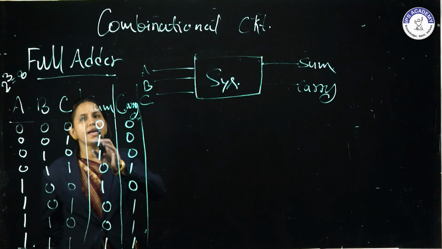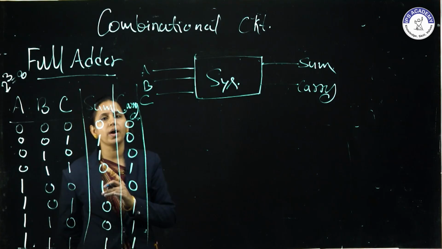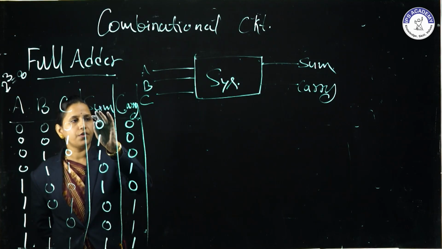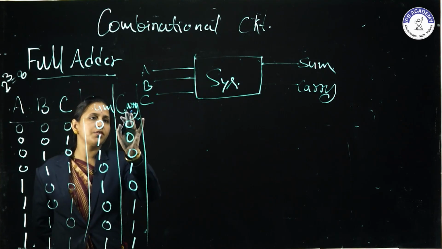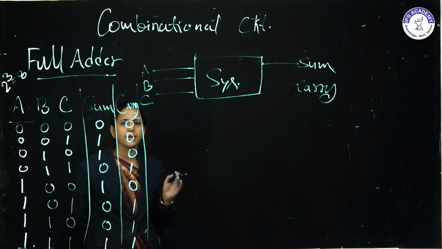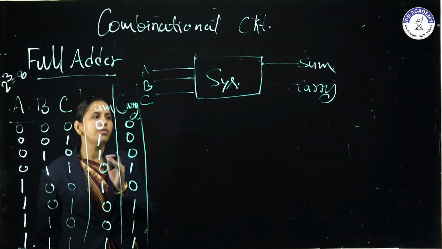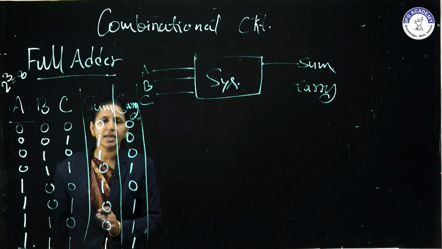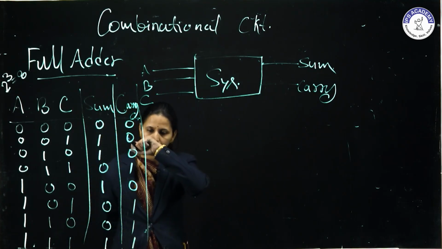Now, for designing the full adder, we need to identify the logic gate for sum as well as the logic gate for carry. The combination of two half adders is called a full adder. If we add two half adders, then we can make a full adder.